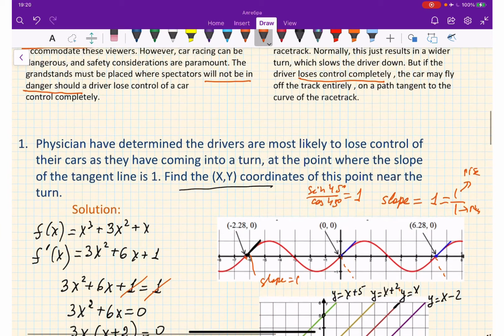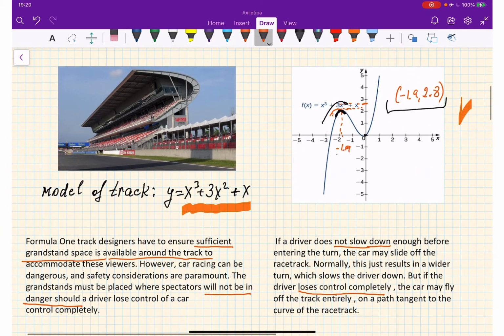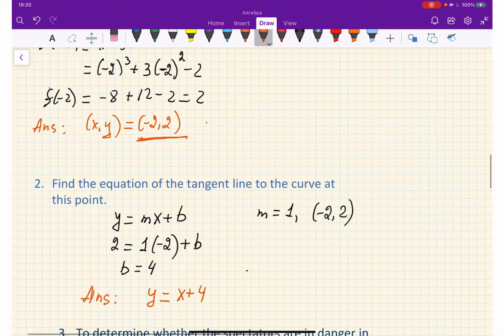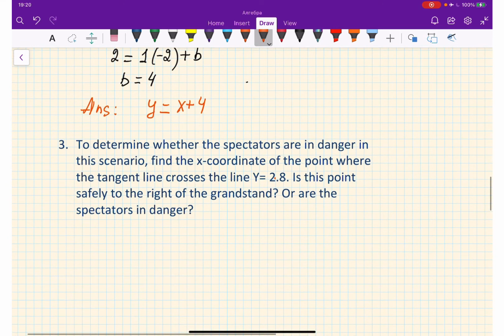Because where is our y is equal to 2.8? Let me draw it here to make it easy. Approximately, forgive me. So assuming this is negative 1.9, so this was a little bit above 2, but 2.8 is somewhere here.